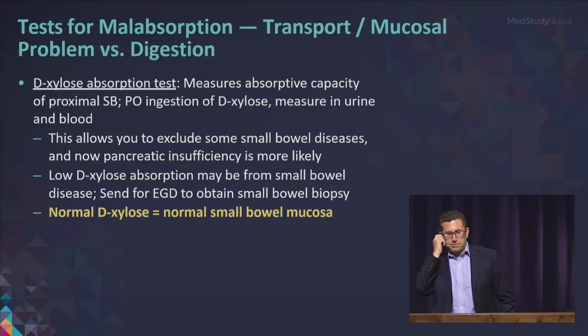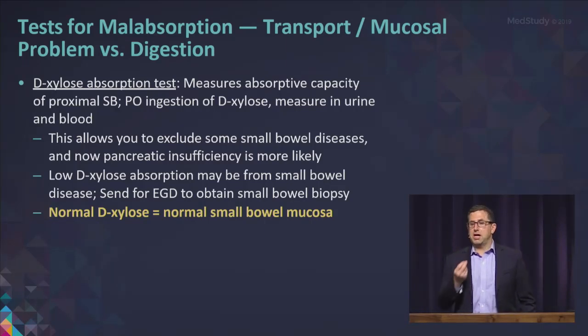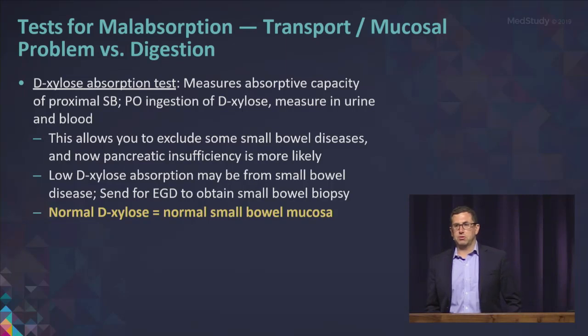There's another test called the D-xylose absorption test. What this does is it measures the absorptive capacity of the small bowel. So the patient ingests D-xylose orally, and then you measure its excretion in the urine, and also you can measure levels in the blood. And it allows you to exclude some small bowel disease.